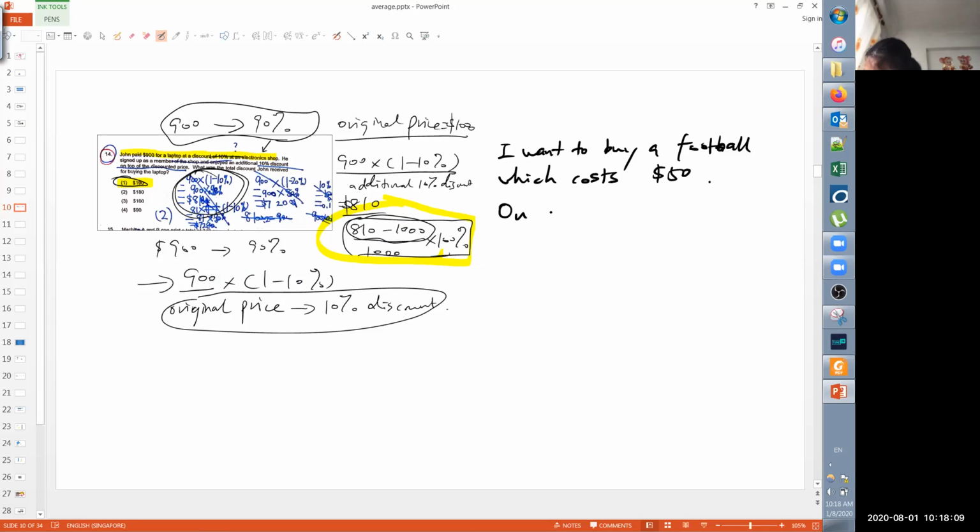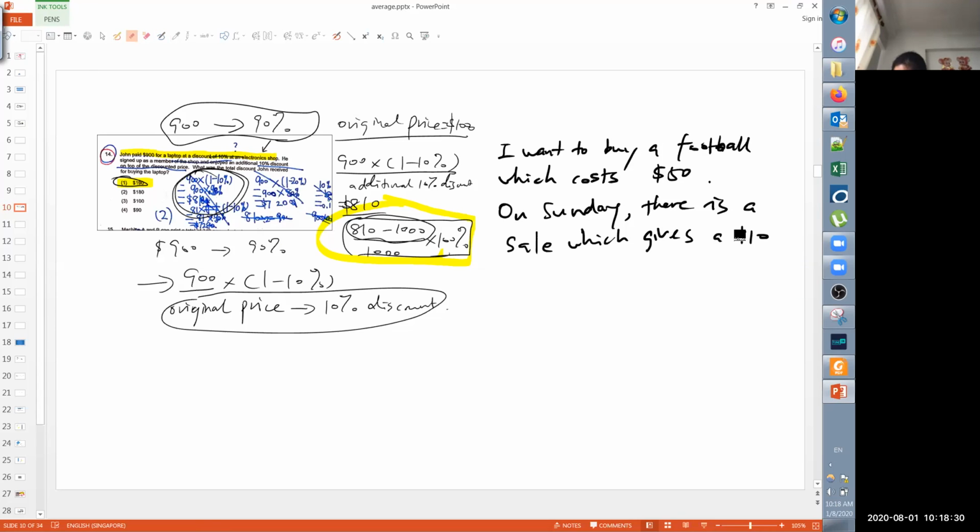On Sunday, there is a sale, which gives a 10% discount.